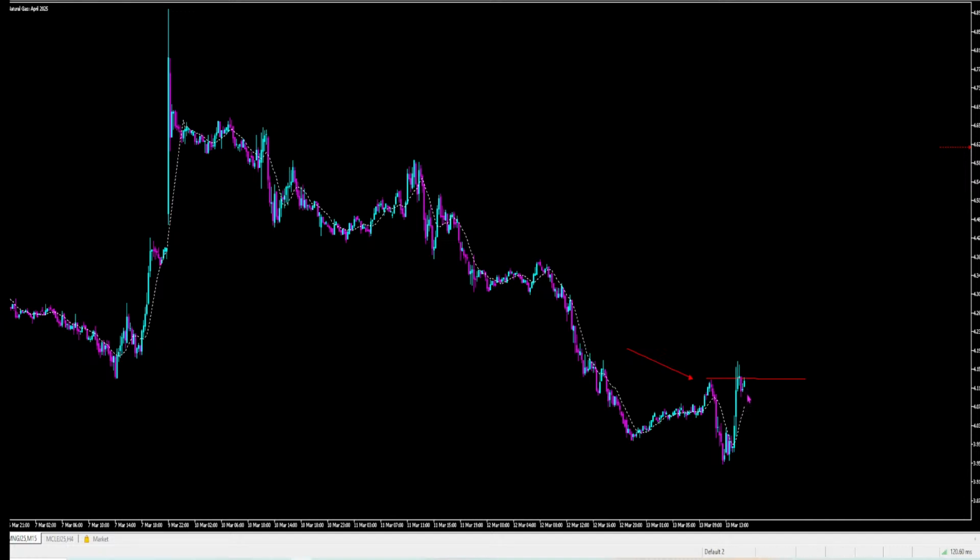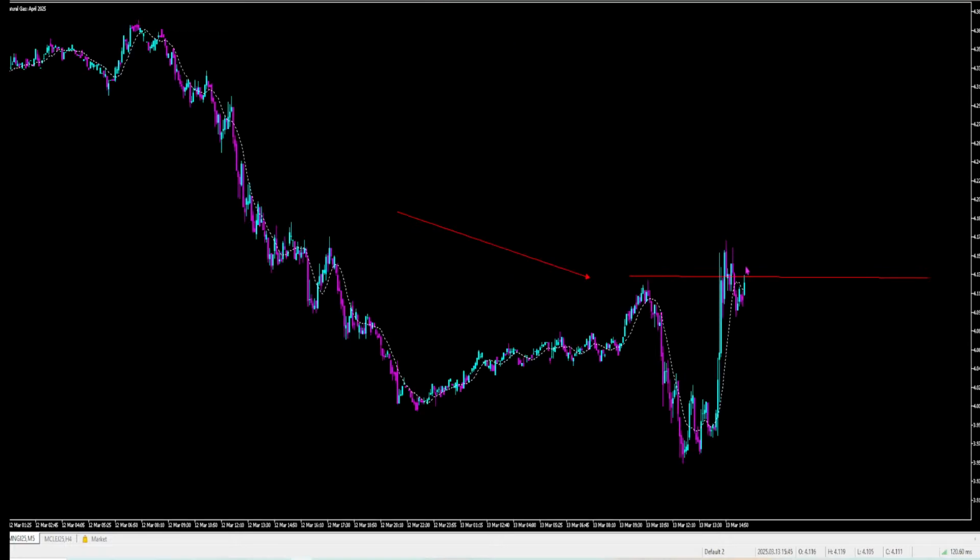If this gets rejected and we come down now and start heading lower on the shorter time frame, here's the 5-minute. Basically, to me, if we end up coming down now and take out this little swing right here on the 5-minute, then I would probably consider that to be another selling opportunity.